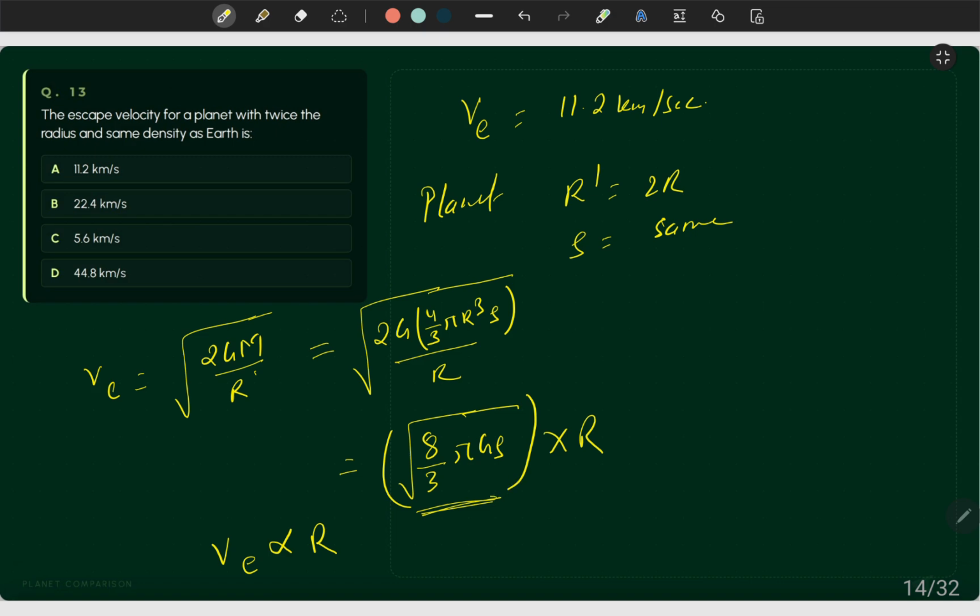So if radius is doubled, escape velocity also doubles. So the correct answer is 22.4 kilometers per second.